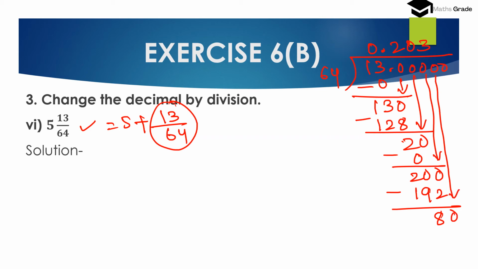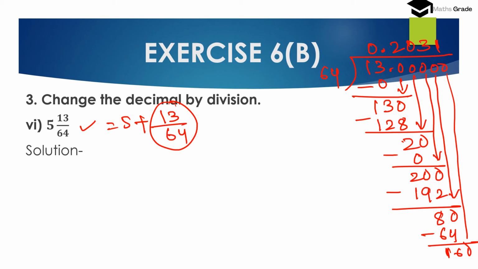Now in the table of 64, if we multiply 64 with 1 it is 64. Now 80 minus 64 is 16. Now write this 0, 160. 64 times 2 is 128.